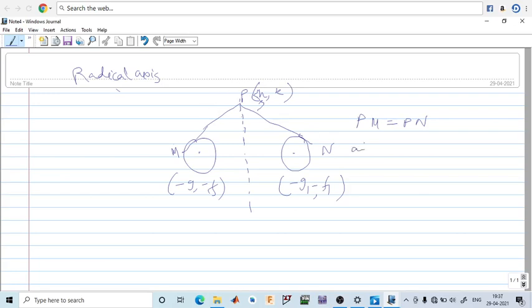As far as I can remember, it will be like this.